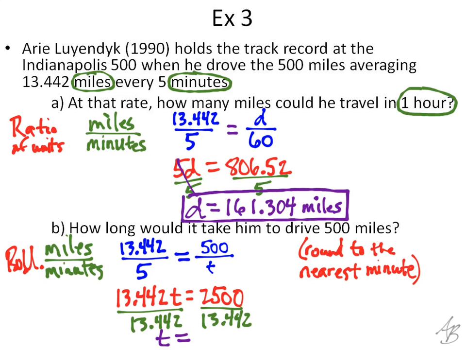Type that into your calculator and round it to the nearest minute. What do you get? The nearest whole number. 185.9 something, right? If we're going to round to the nearest minute, that 9 is going to make the 5 go up to a 6. So it takes about 186 minutes for him to drive all 500 miles.